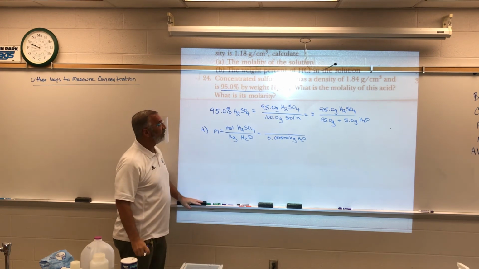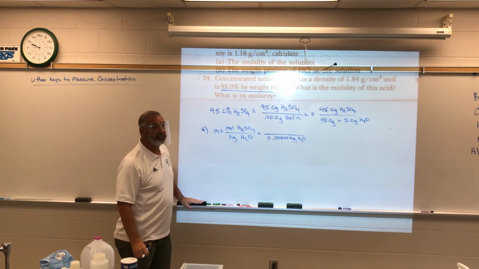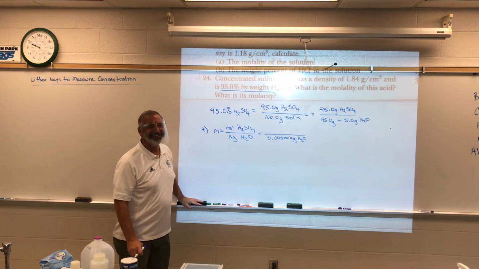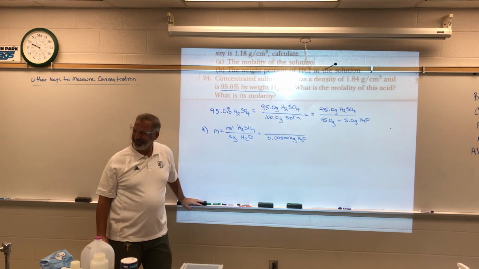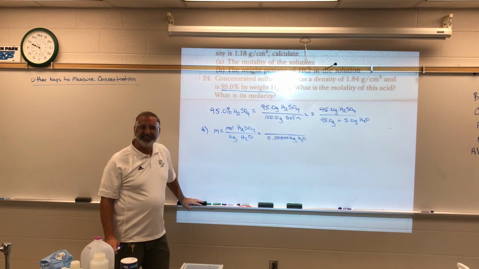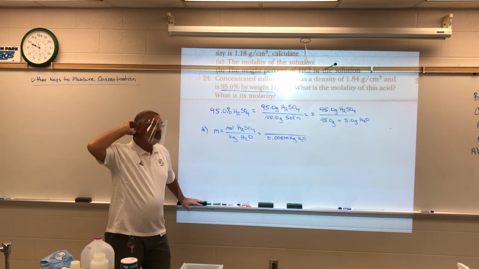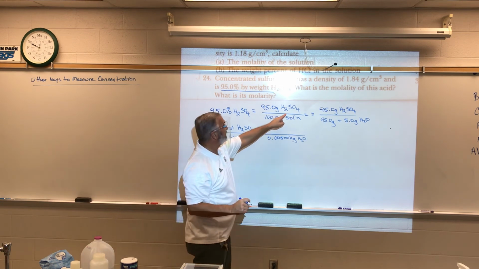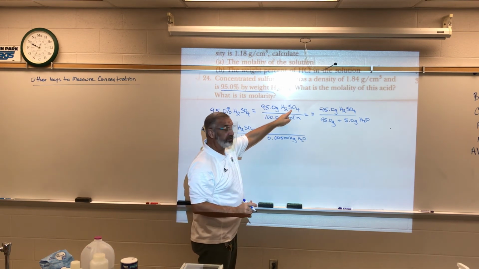So I have to find moles of H2SO4. So how do I do that? Can we narrow that down a little bit? Say what, Anna? The molar mass of the H2SO4, which turns out to be 98.1 grams.